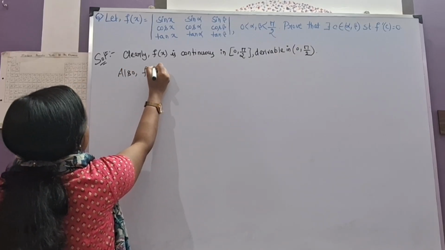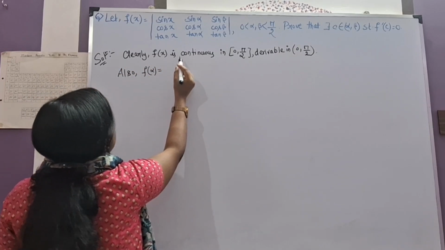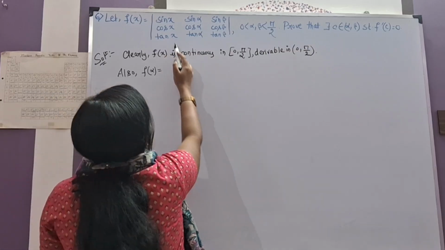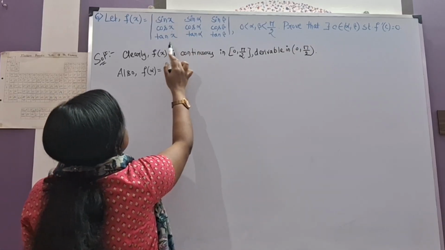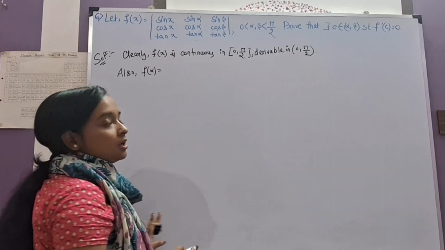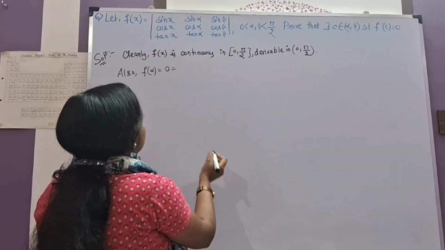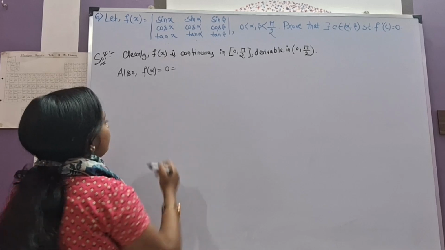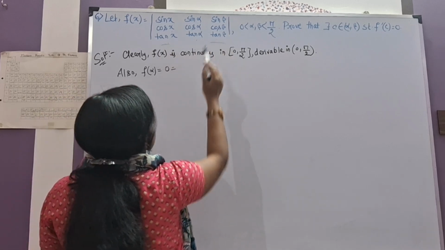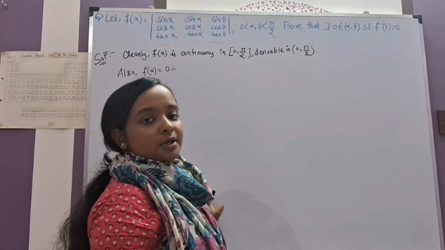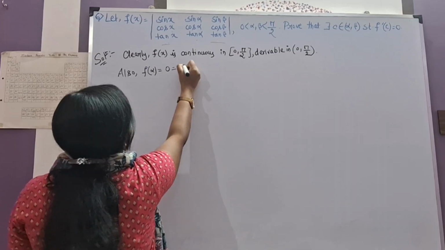Also, f of alpha equal to 0: if we put alpha in place of x, these two rows will be same, so the determinant will be equal to 0. And if we put beta in place of x, these two rows will be same, so the determinant will be again 0.